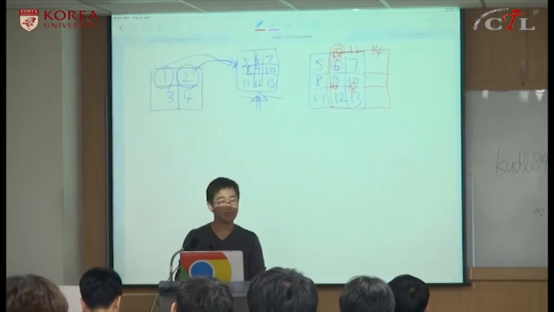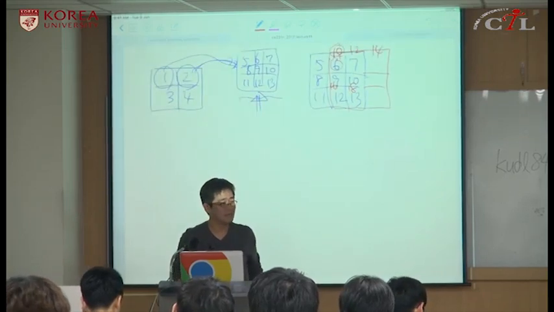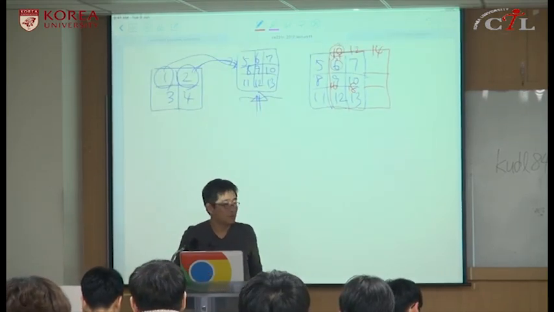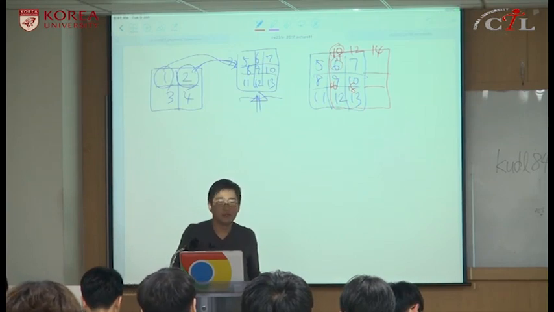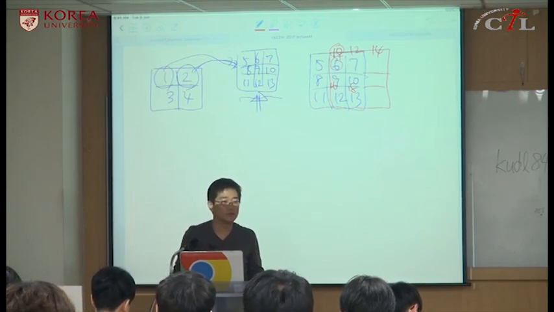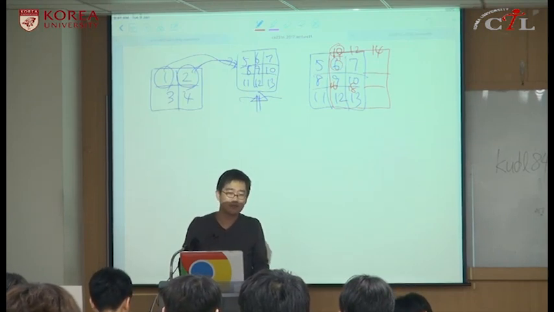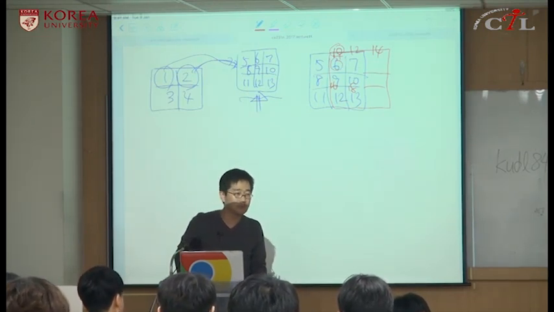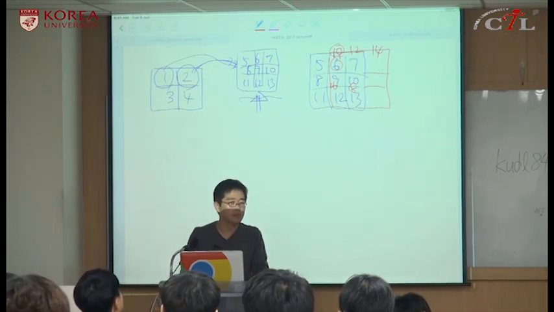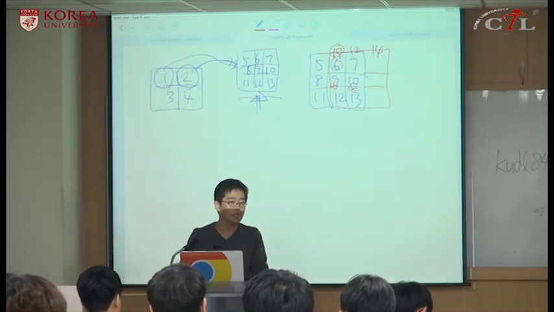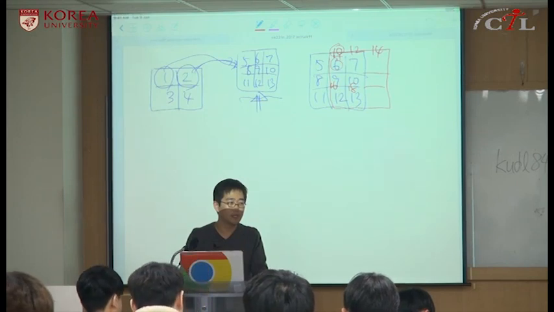Okay, so let me ask one question over here. Why do we need this deconvolution? I mean, what's the goal or purpose of using this somewhat complicated or heuristically defined layer? It is because we want to increase the spatial resolution, right? So that was the main goal.